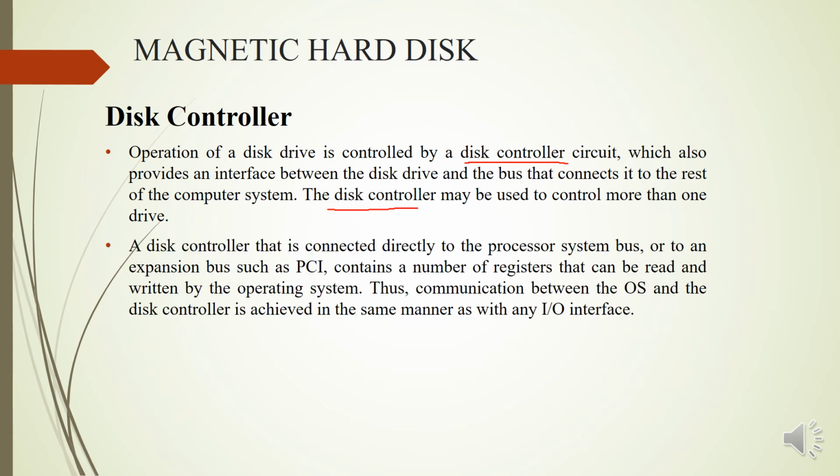A disk controller that is connected directly to the processor system bus or to an expansion bus such as PCI contains a number of registers that can be read and written by the operating system. Thus, communication between the operating system and the disk controller is achieved in the same manner as with any I/O interface.